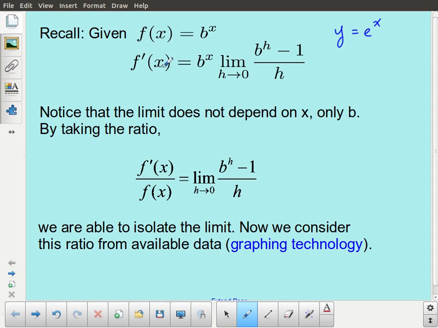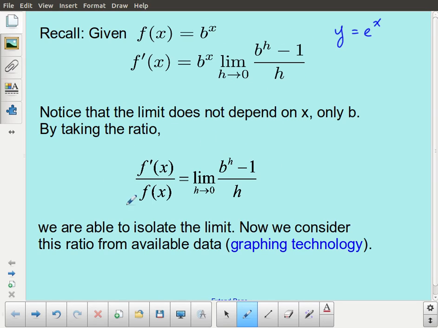So in this case, we're going to compare the ratio of the first derivative as compared to the original function. That would mean I would end up with this whole expression divided by the original function. And as you can see, the thing that's going to disappear is b to the x over b to the x, which is just going to become 1. And so we're going to be left with just this limit.